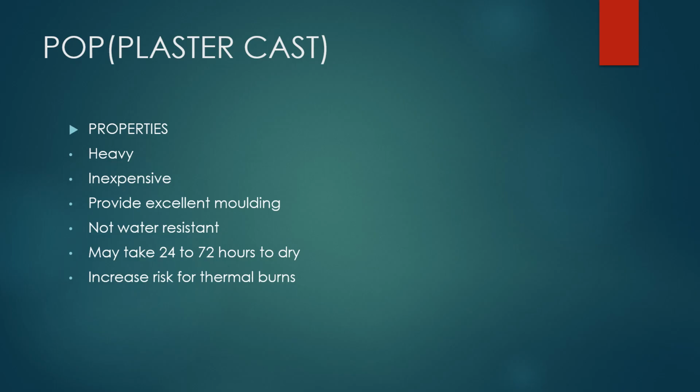And there is an increased risk for thermal burns because in application, this material exogenously produces heat, which can put at risk the individual whose body part or structure the cast is going to be applied on.